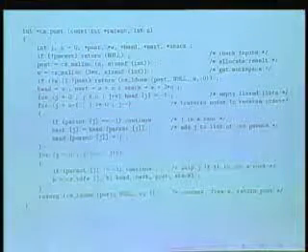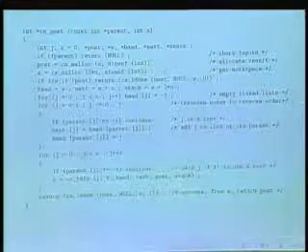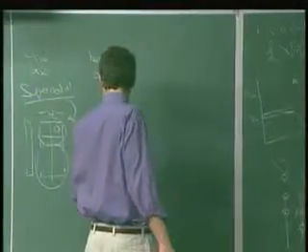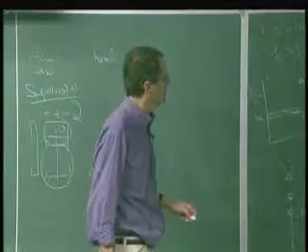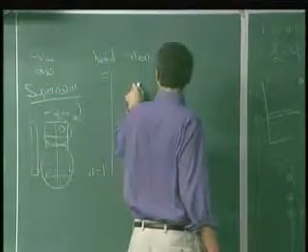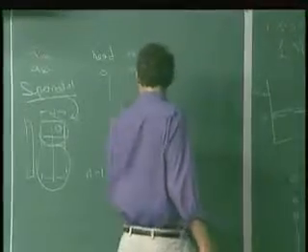I have a head array of size 0 to n-1. And then I've got a next array, and I'm going to be creating a bunch of linked lists of size 0 to n-1.